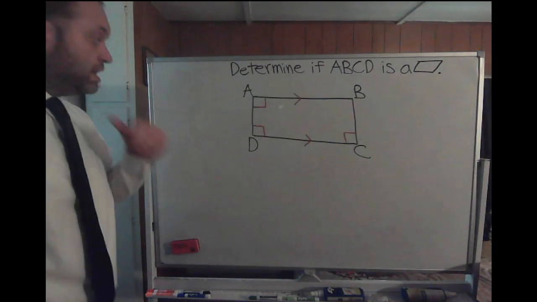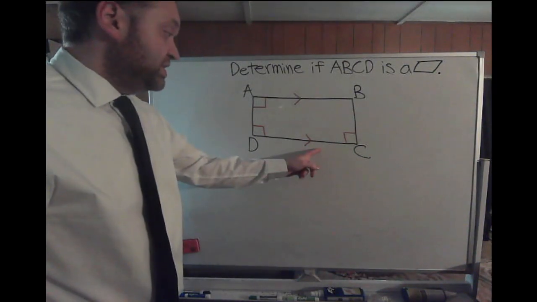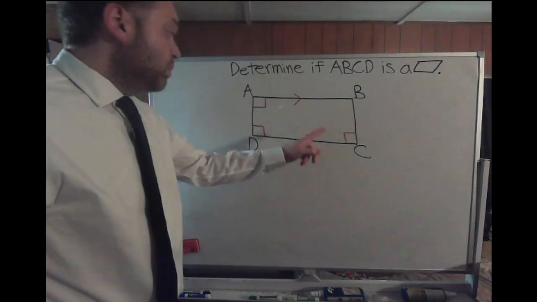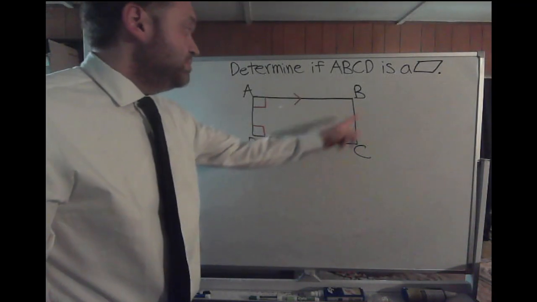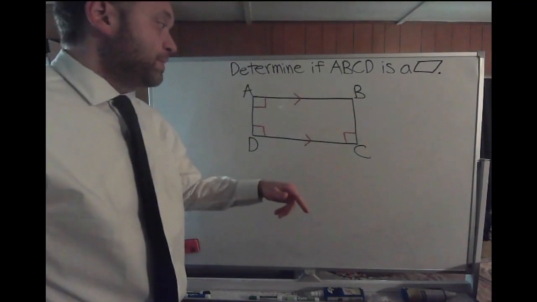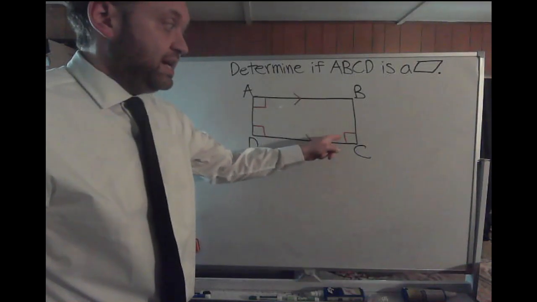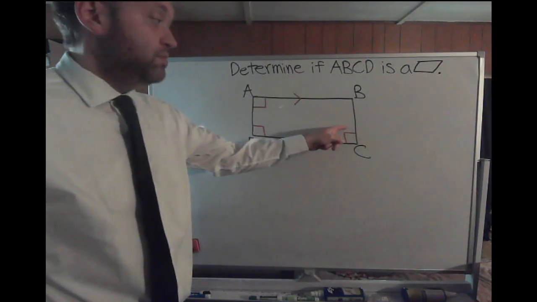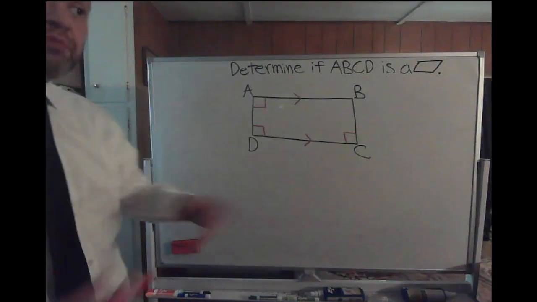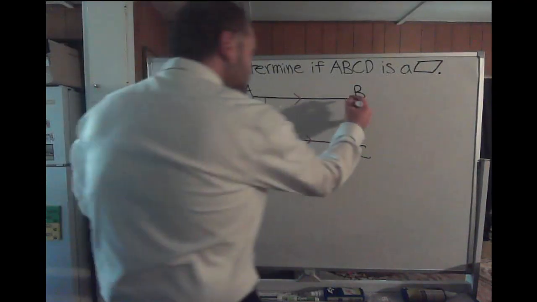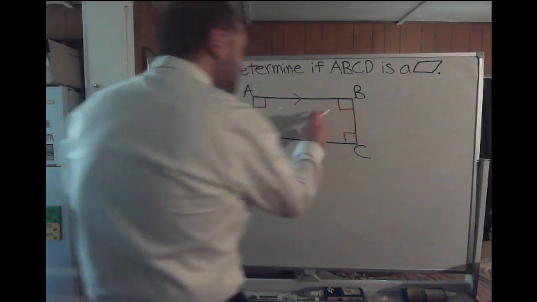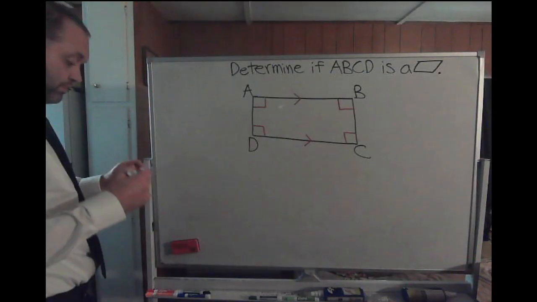And then AB is parallel to CD, well, that also means that BC is a transversal there. Angle B is the same side interior angle to angle C, which means they're supplementary. The supplement to 90 degrees is also 90 degrees. So angle B would even be a right angle.